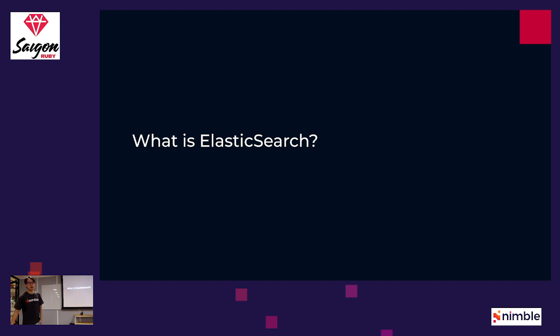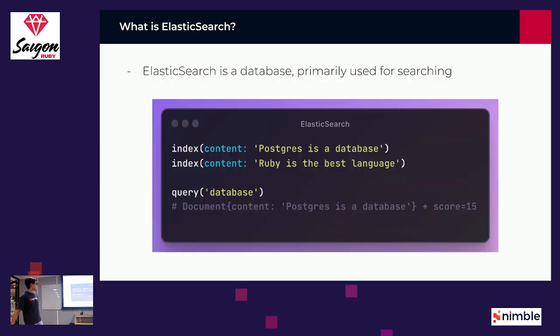Okay, so what is Elasticsearch? This section is for those of you who never used Elasticsearch before. Basically, it's a database, but it's more tailored to some use cases, primarily used for searching.